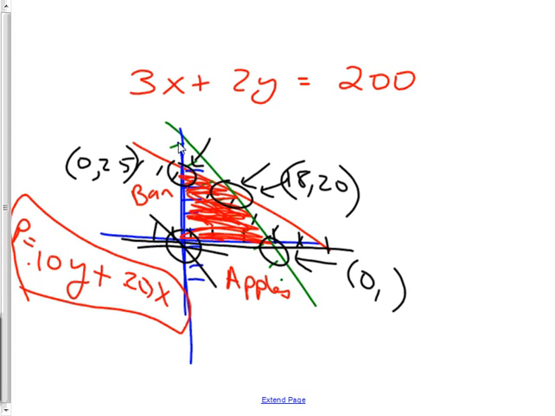No, 30, 0. Figure out how much profit they're going to make on their fruit sales, and which of the corners they would probably want, therefore. I'll pause for a second. Which one was the best? 0, 25, 18, 20, or 30, 0?